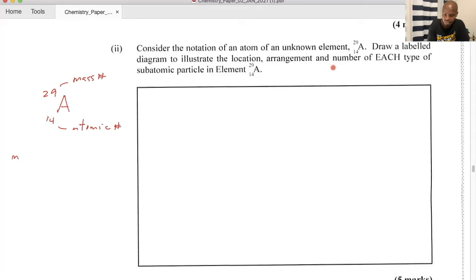Now the mass number, of course, is the sum of the protons and the neutrons. The atomic number is the number of protons.